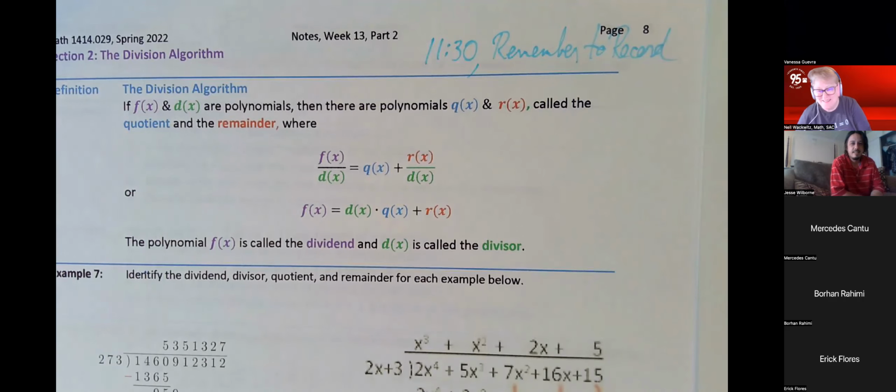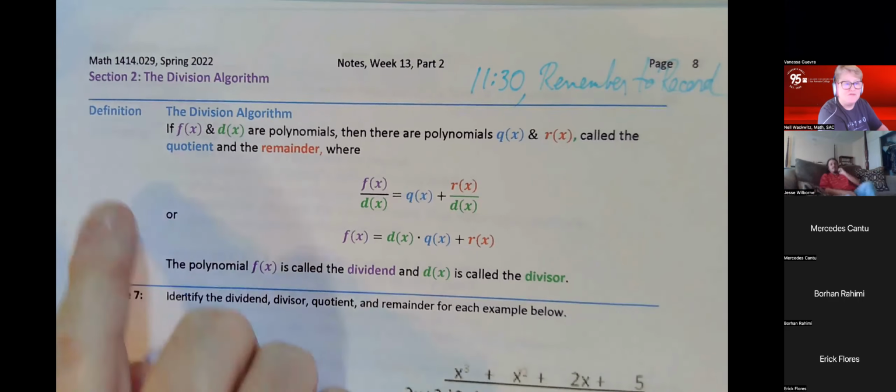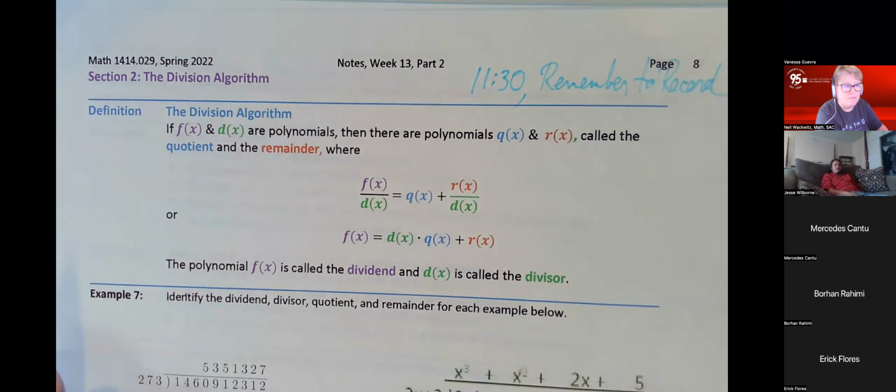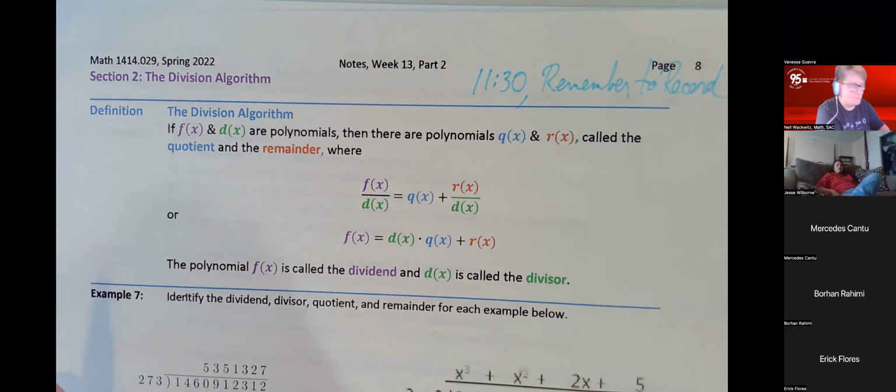Okay, we're going to talk a little bit about the division algorithm. That's just a name that we give to the process of dividing, usually with long division.